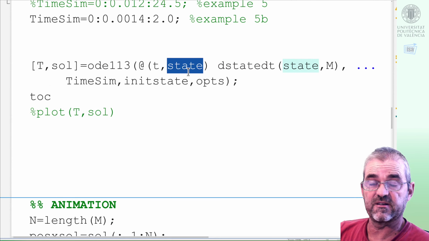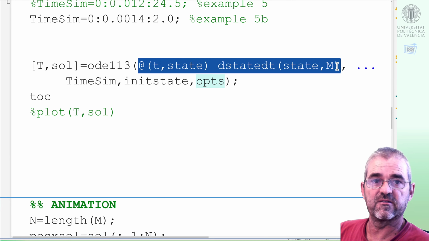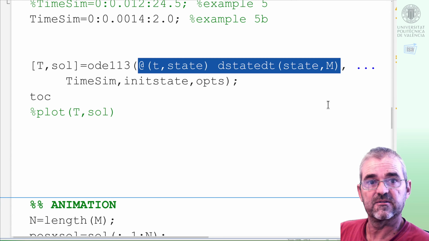Then uppercase T will return the sampling instants with tolerance-dependent integration step, and the solution will give me an array of all the state variables, in this case 20, at the given time instants. I give times to simulate, initial state, and tolerance options to carry out the simulation. So this is basically the skeleton of any simulation: tolerances, initial state, and which integrator I use, and then the physics is in the highlighted segment of code.